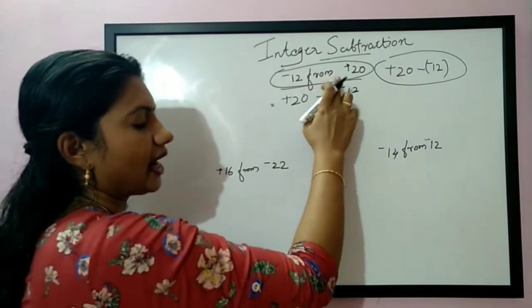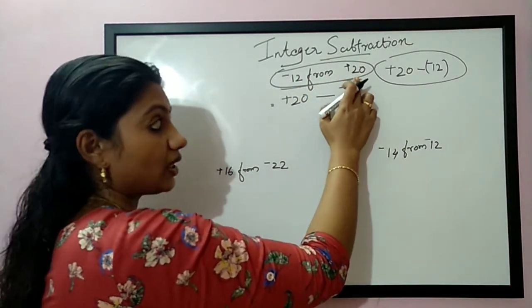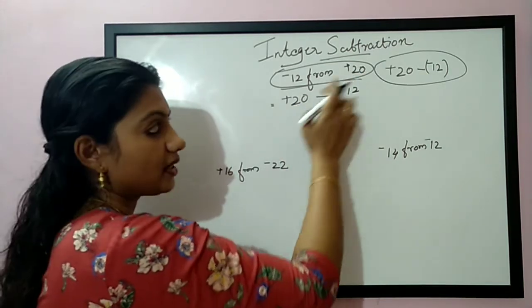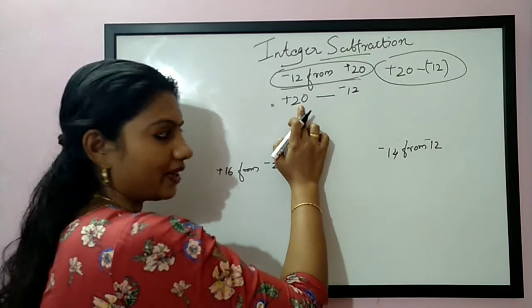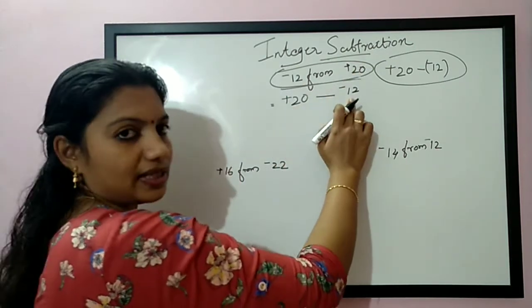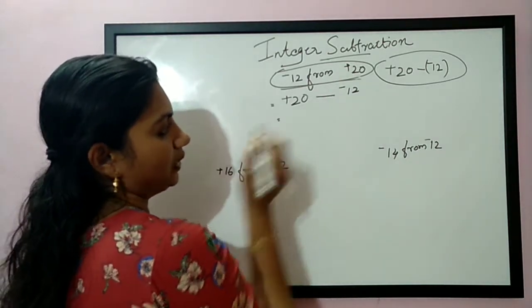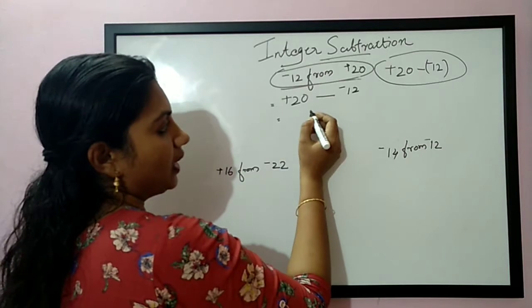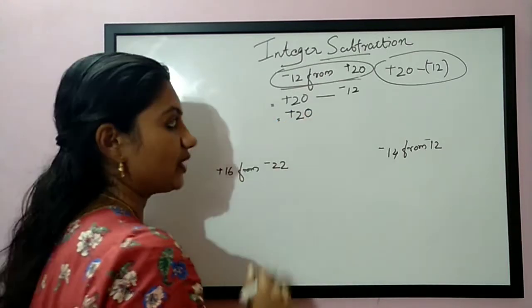So you have to understand, if the question is negative 12 from positive 20, which number you have to write first? The number that comes after "from" comes first, then the symbol is subtraction, and then the second number. Okay, now this I am going to solve. Positive 20 I will write as such.